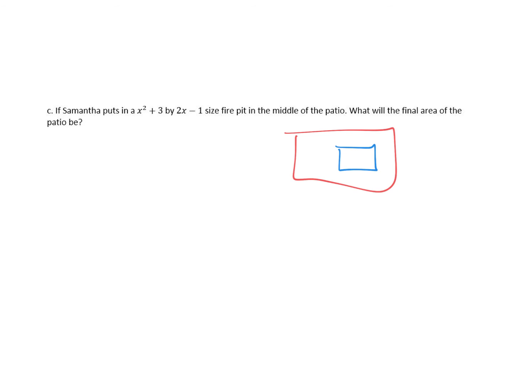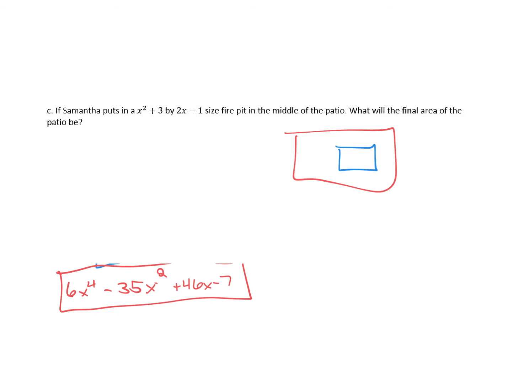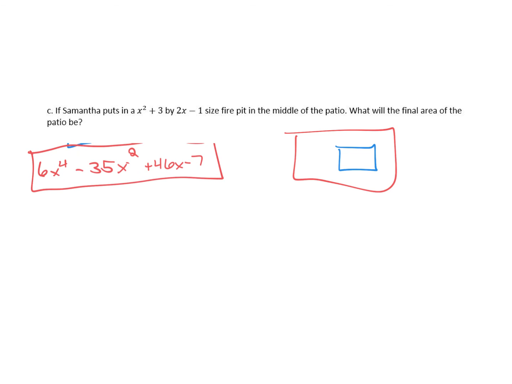So first, we'll want to bring over from the last one our area of the bigger rectangle. And now we need to figure out the area of the smaller one. So let's take a minute to set up our box method and solve.